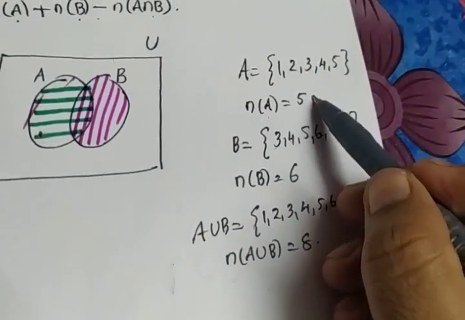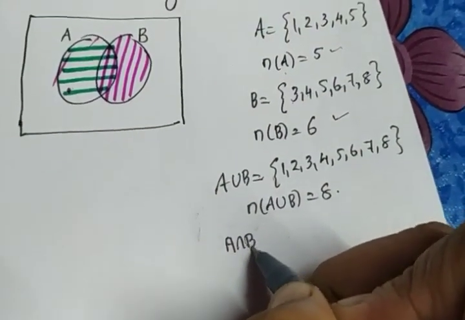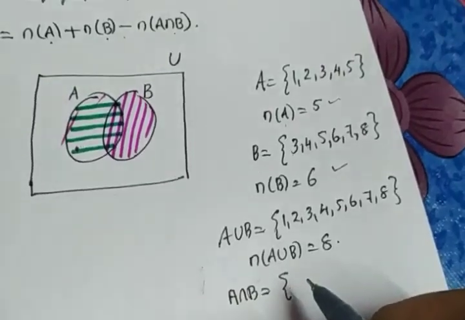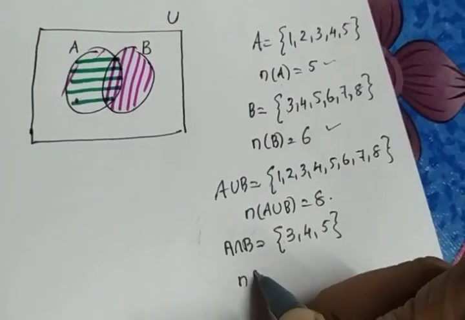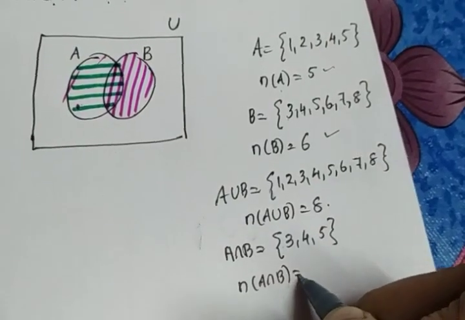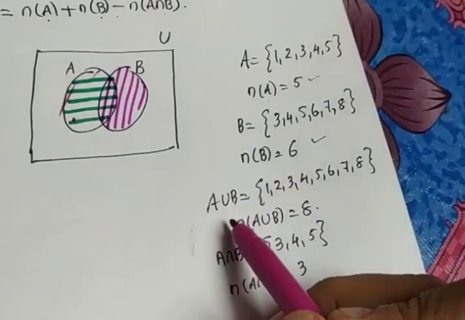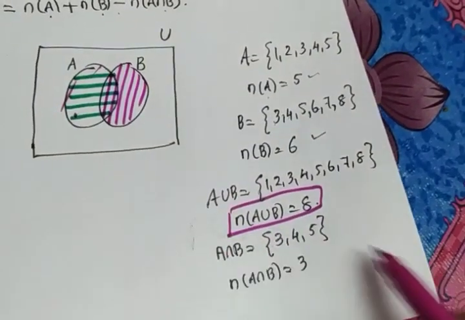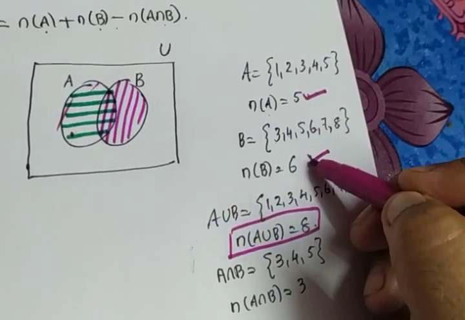Okay, so if I add n of A and n of B, again one more thing. Find A intersection B. What is A intersection B? A intersection B is the common part of A and B, which is the set 3, 4 and 5. And n of A intersection B will be equal to the number of elements in A intersection B, 3. So we are getting n of A union B as 8. N of A is 5 plus n of B is 6. 5 plus 6 is 11.